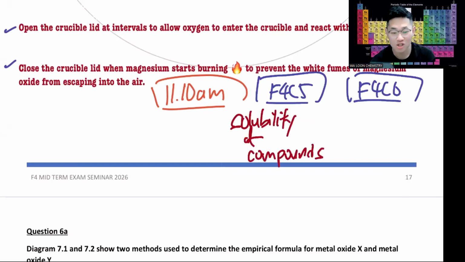You put the substance they gave you into water and you stir, see if it dissolves or not. Then you put the same substance into something called an organic solvent, like hand sanitizer or alcohol, and you stir, see if it dissolves or not. But most of the time, for the first term exam, about 80% of schools do this experiment.